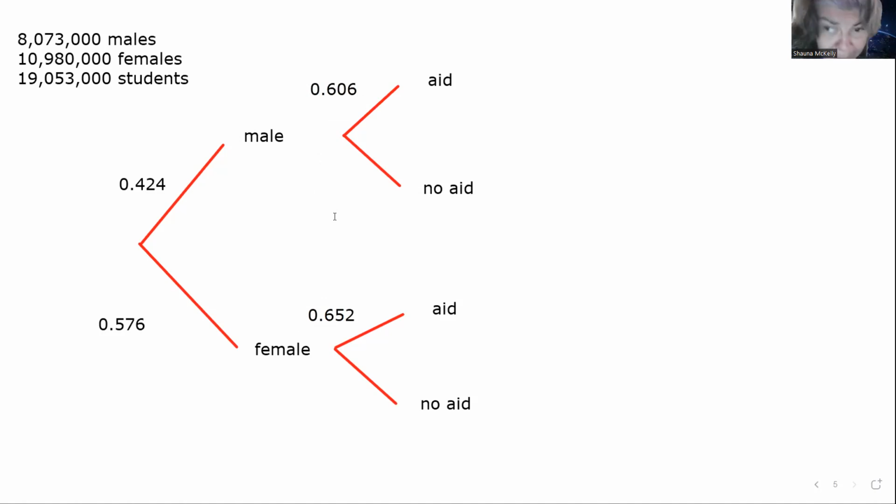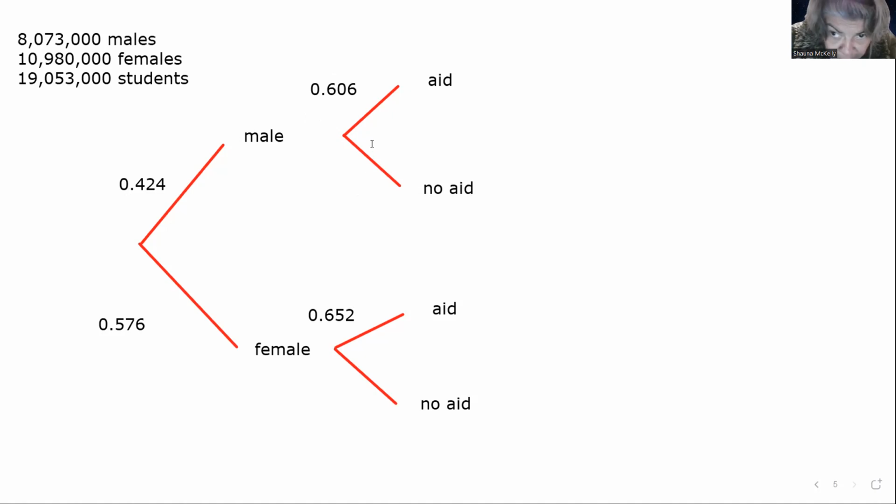Now, you might be wondering, what am I going to do with this no aid branch? Well, the branches that are in pairs with each other have to add up to 1, male and female. These probabilities, aid and no aid for male, aid and no aid for female, have to add up to 1.